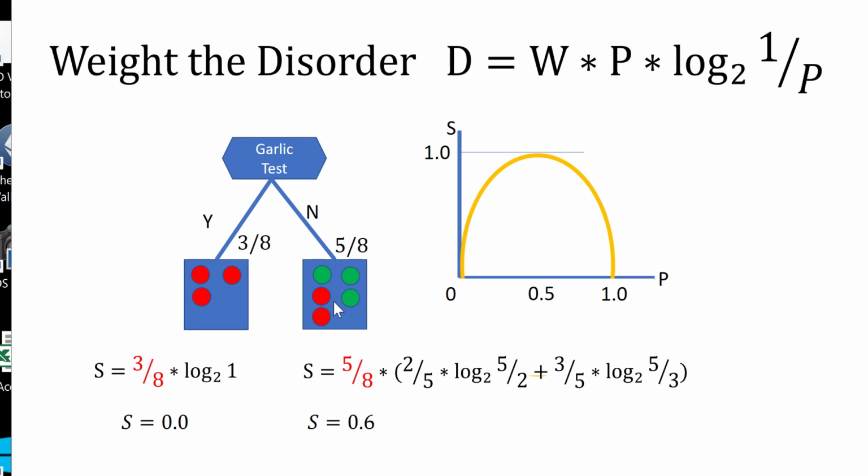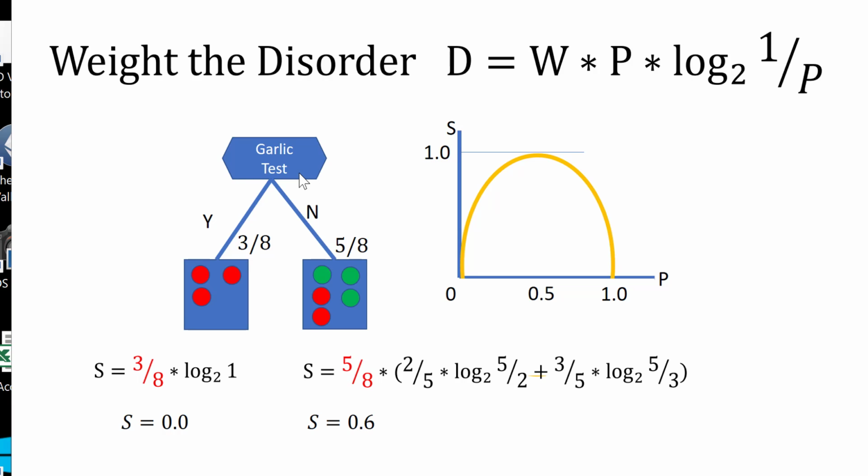But here we've got 5 out of the 8, so that's the weighting in red. And now for the no vampire, we've got 2 out of 5, and so then that's log of 5 over 2. And then for the 3 green ones that there is a vampire, we've got 3/5 times log 5 over 3. And if you work this out, this comes to 0.6. So the amount of disorder for the garlic test is 0.6.